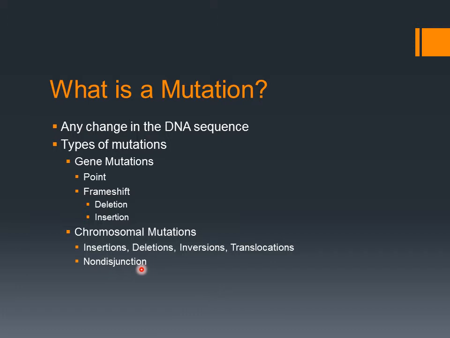And we talked about non-disjunction when we did meiosis, where when meiosis messes up, you can have a whole extra chromosome or be missing a chromosome. So those are mutations that happen in big chunks of chromosomes or the entire chromosome. We're going to focus today on these gene mutations and their direct effects on protein synthesis, but it is important to understand that you can have chromosomal mutations also.